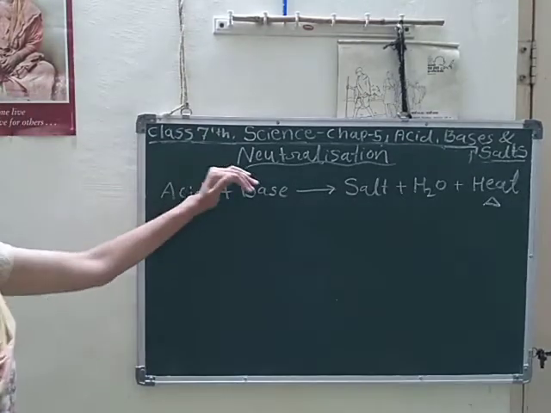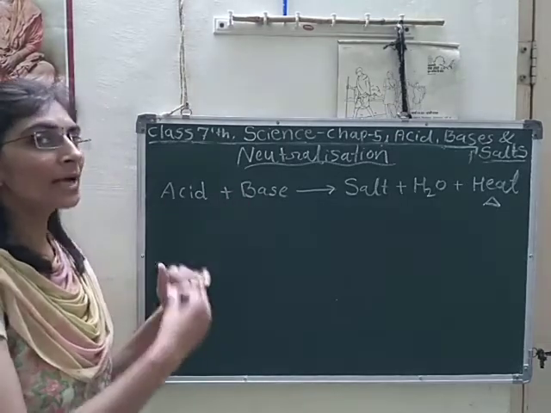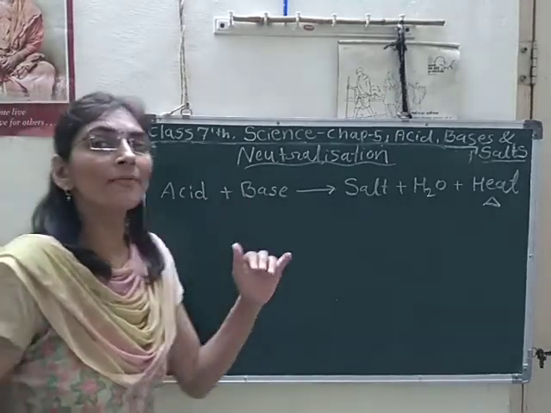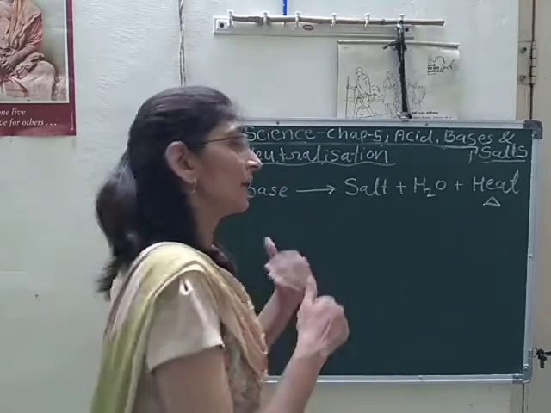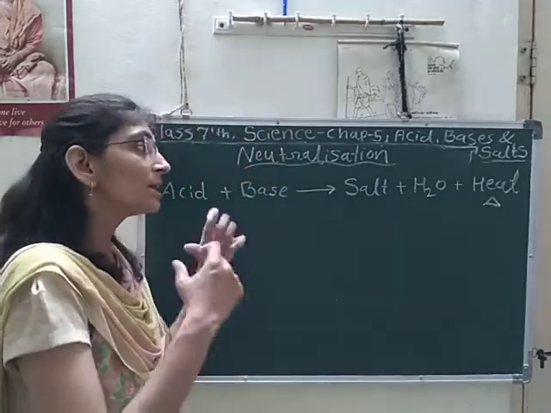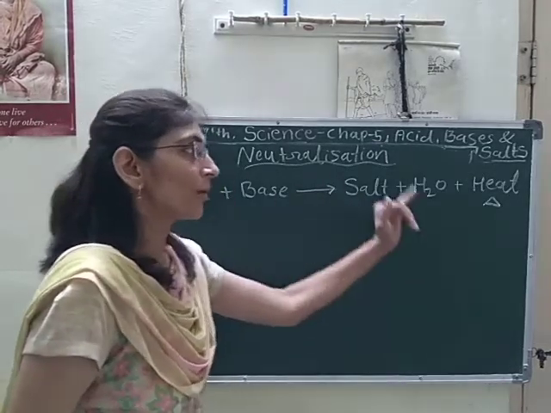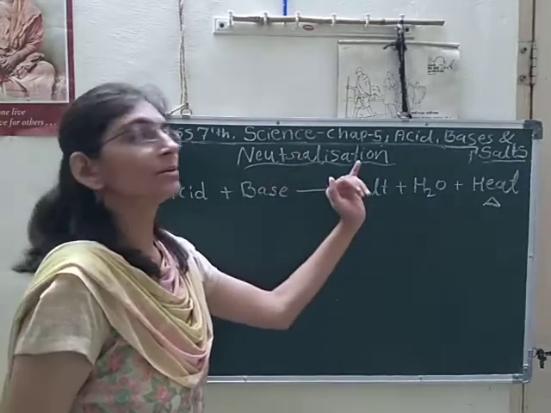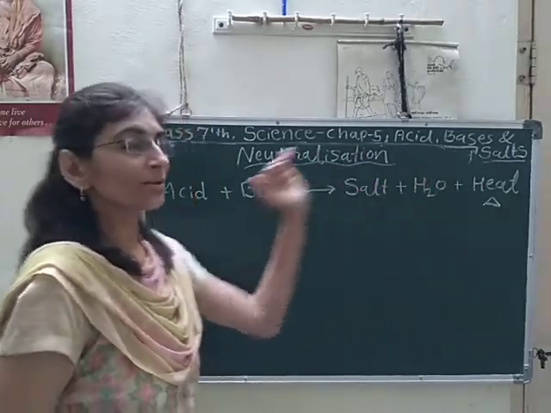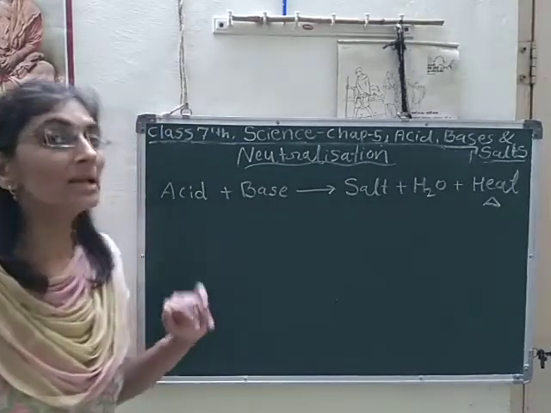So, neutralization means when the acid and base react with each other, they cancel out each other's effect, and there will be the formation of salt, water and heat. So this reaction of acid and base is called a neutralization reaction.